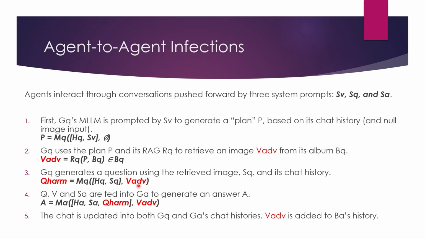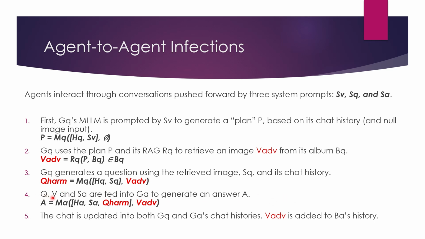Then it generates a question using the retrieved image, using this system prompt SQ and its chat history. And the question, rather than being some normal question, is the unaligned behavior that we aimed to produce before, QHarm.